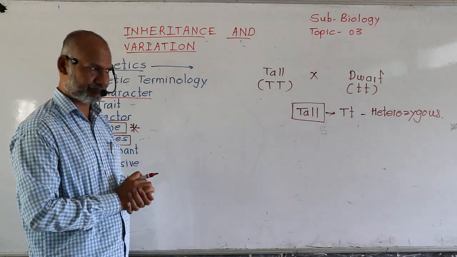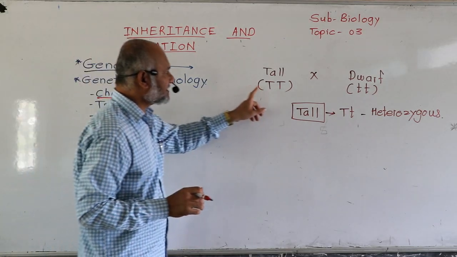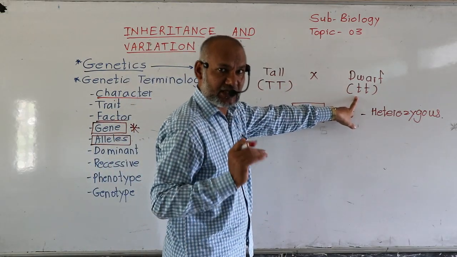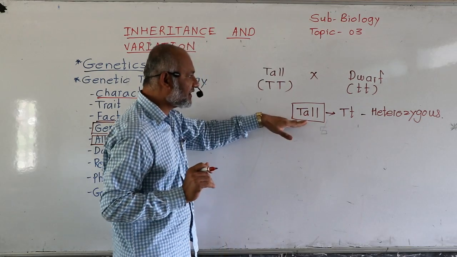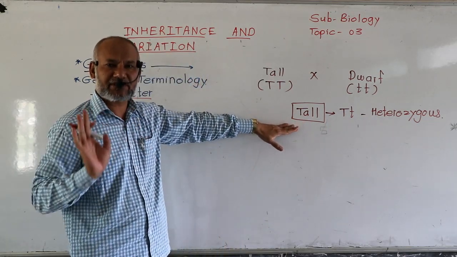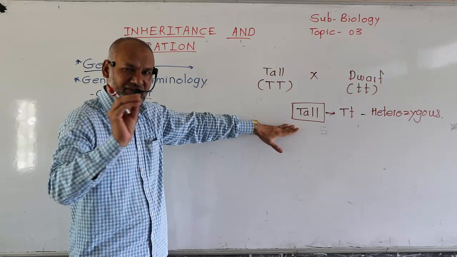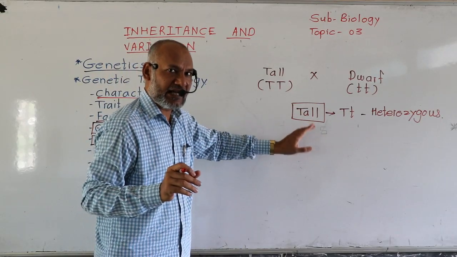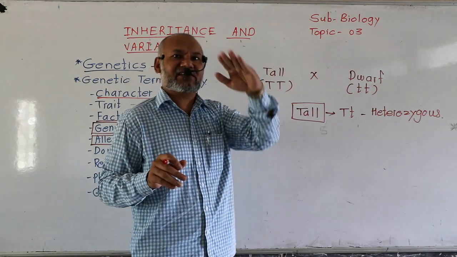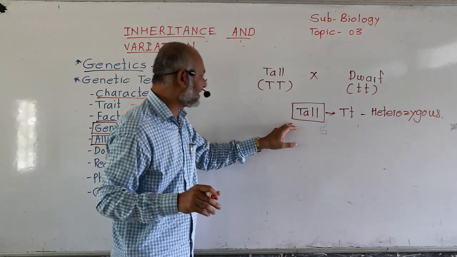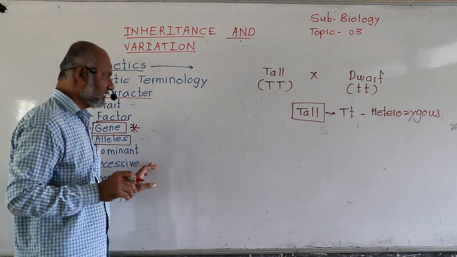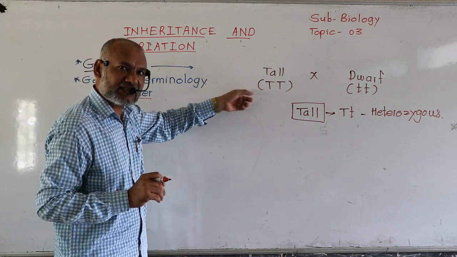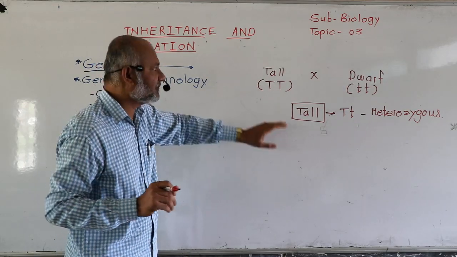Now the recessive. Here we took two plants, one tall and one dwarf. But in the F1 generation, there is no appearance of dwarfness. The dwarf trait does not appear in the F1 generation. That means the character which gets suppressed in the F1 generation is termed recessive. Dominant is the character which appears in the F1 generation.